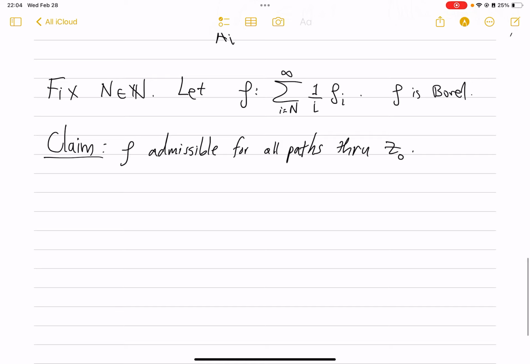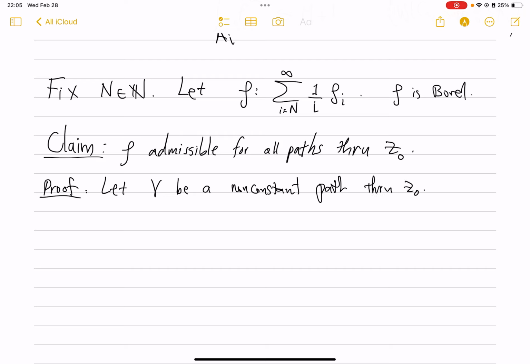Proof of this claim: we see by simply continuity and the intermediate value property of continuous functions that, let gamma be a non-constant path through Z0. It starts somewhere away from Z0, and then it could get away from the origin, rotate, do a lot of things, but ultimately at some point it goes through Z0.